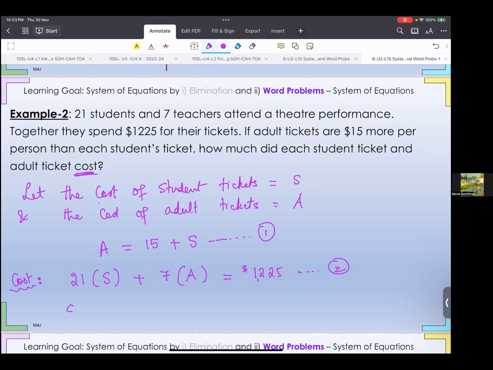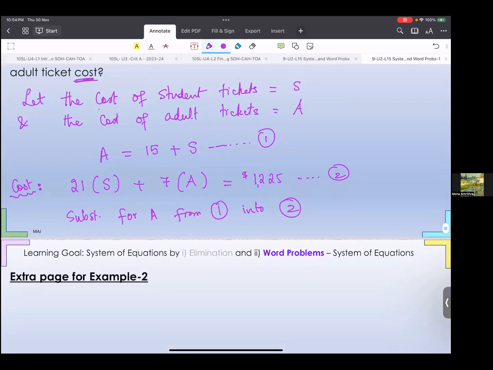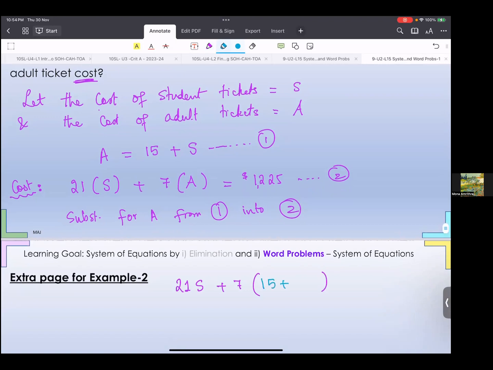So substitute for A from 1 into equation 2. So you have 21S plus 7 times, instead of A, I'm going to write 15 plus S equals 1225.